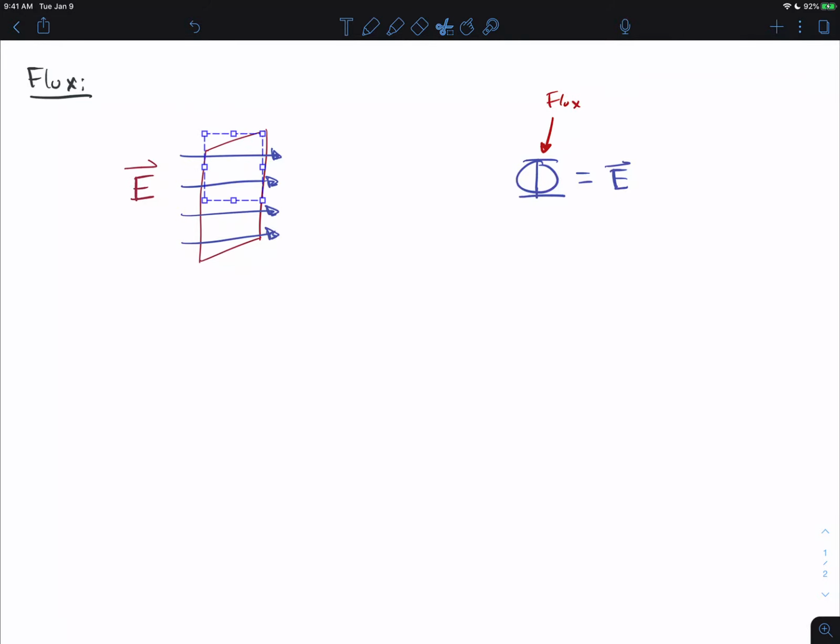So if I make this window much bigger, you can see that more electric field would fit through there if the source did extend out here, right? So this is also affected by the area of the window that I'm going through.